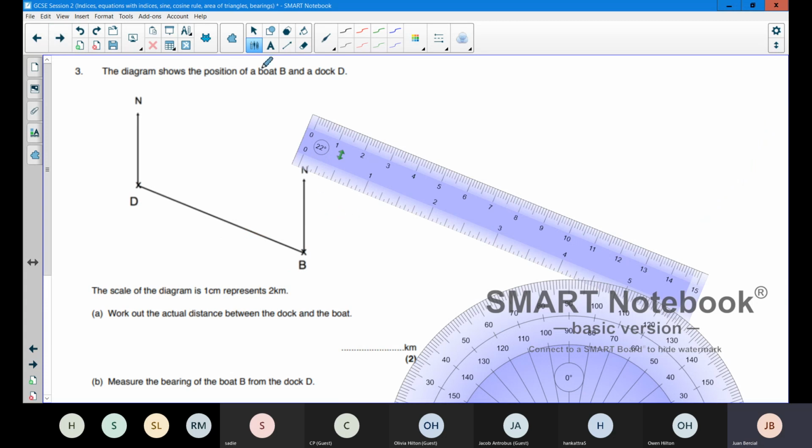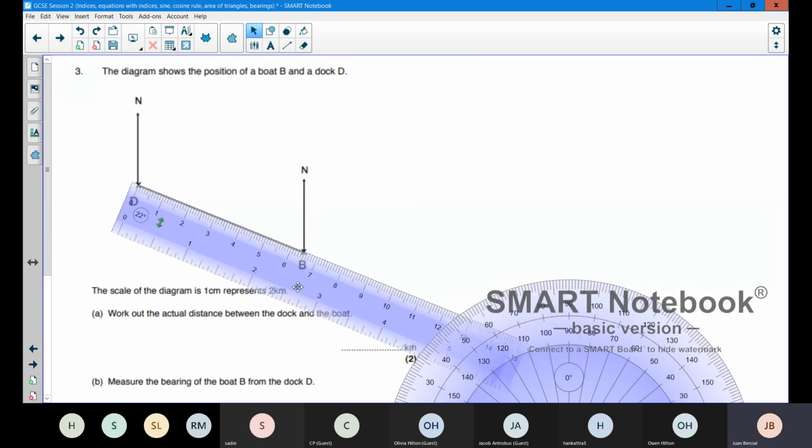This one here, you've got a boat B and a dock. So 1 centimeter is 2 kilometers. And it says work out the actual distance between the dock and the boat. So how many centimeters is this?